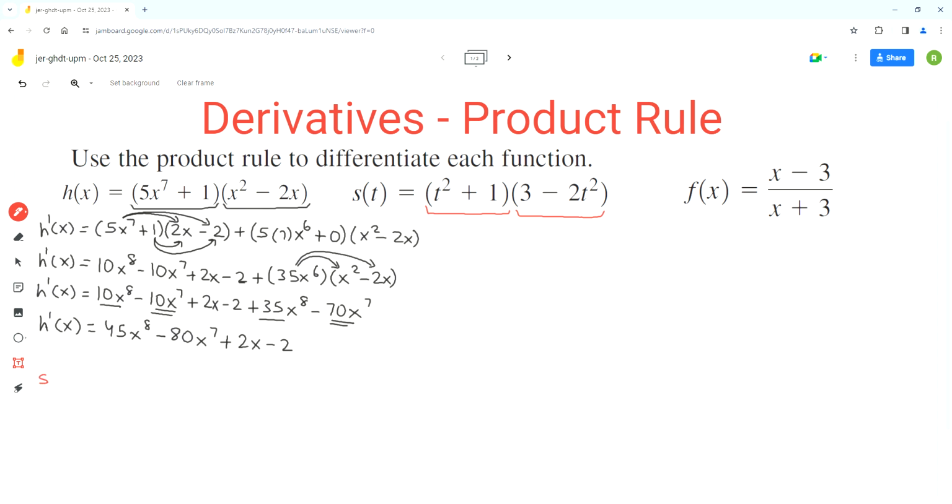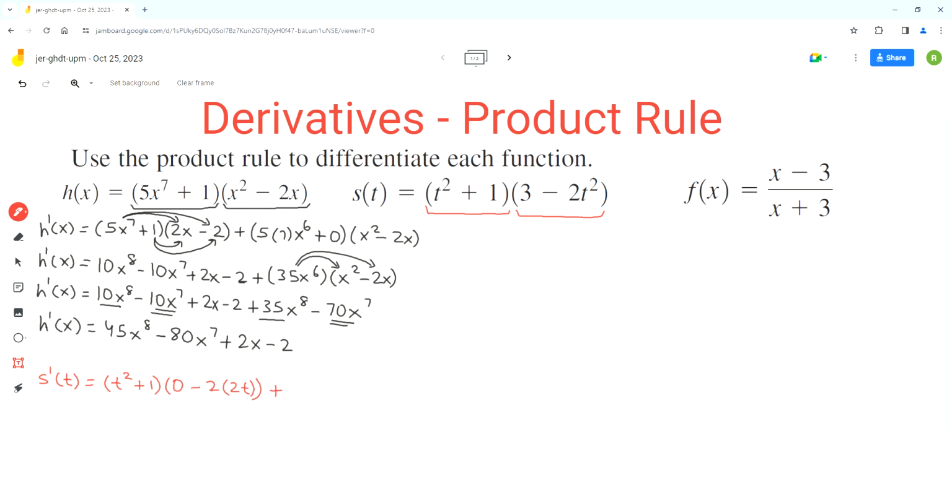So we'll use the product rule. So s prime of t equals the first function, t squared plus 1, times the derivative of the second function, 3 minus 2t squared. Now 3 is a constant, so its derivative is 0, minus, now for 2t squared the derivative will be 2 times 2t, since the derivative of t squared is 2t using the power rule.